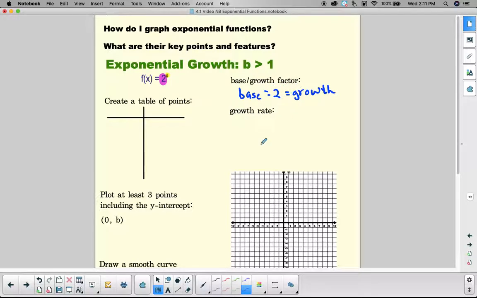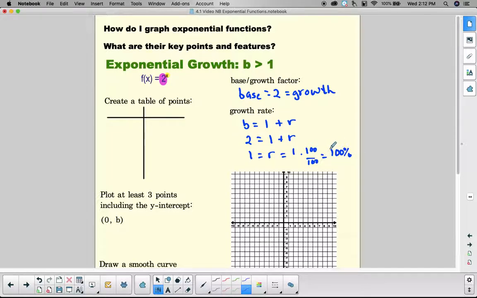Now let's figure out what the growth rate is. Remember that the base is equal to 1 plus the rate. So since our base is 2, that's equal to 1 plus r. So our rate is equal to 1. So a rate of 1 doesn't seem like it's really interesting at all, but if we change the rate to a percent, so let's do 1 times 100 over 100, and that's going to be 100%.